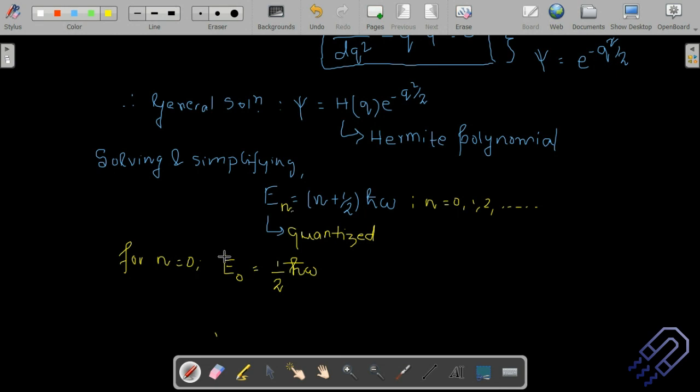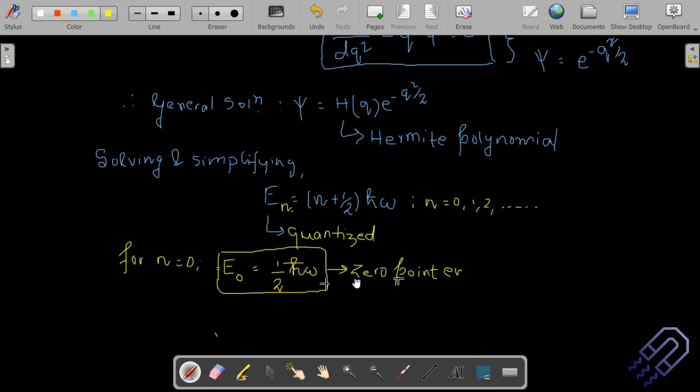So this is E0. Very important. You should also know the relation here, n plus half, and this is also important. Now this is at 0, so we call it the zero point energy. Whatever is the energy at the ground state is called the zero point energy.